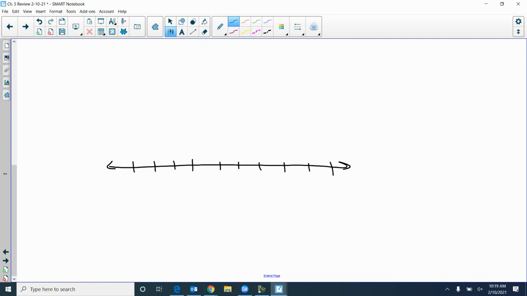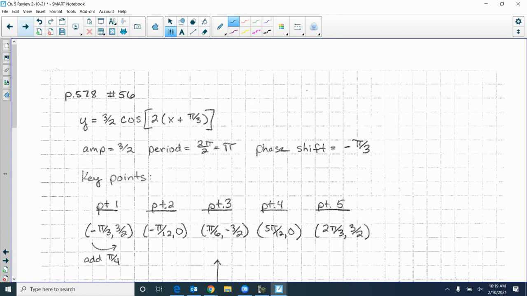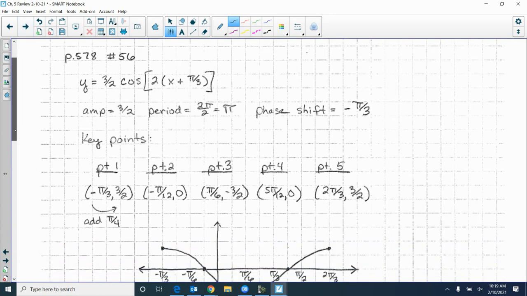So the y-axis, if you want to put it right in the middle, it might work out that way. You might want to put it more on the left. If your first point is a negative one, you might want to put it on the right. Just depends. But you got to put a y-axis in there. I just left the y-axis out so that you could put it where it makes more sense for your points on those.